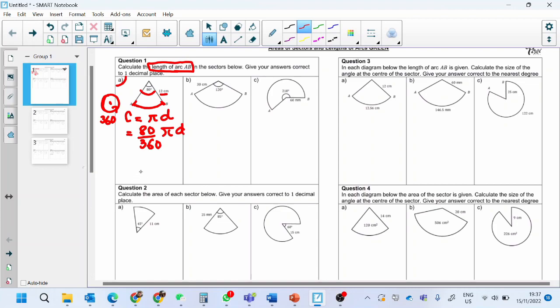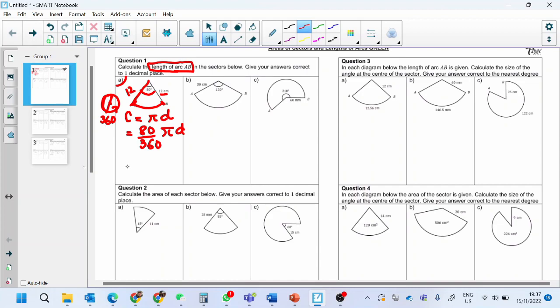Now d is the diameter. The diameter is double the radius. If the radius from this side is 12, the diameter would be 24, because if this is 12 and the other side is also 12, then 12 plus 12, d should be 24.